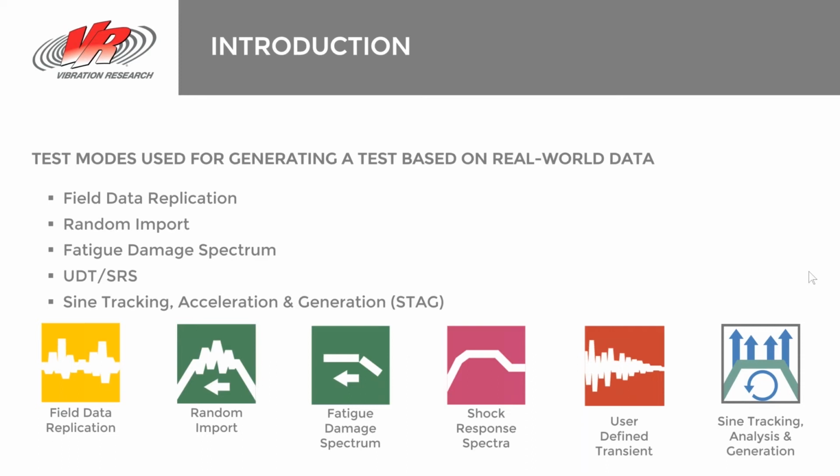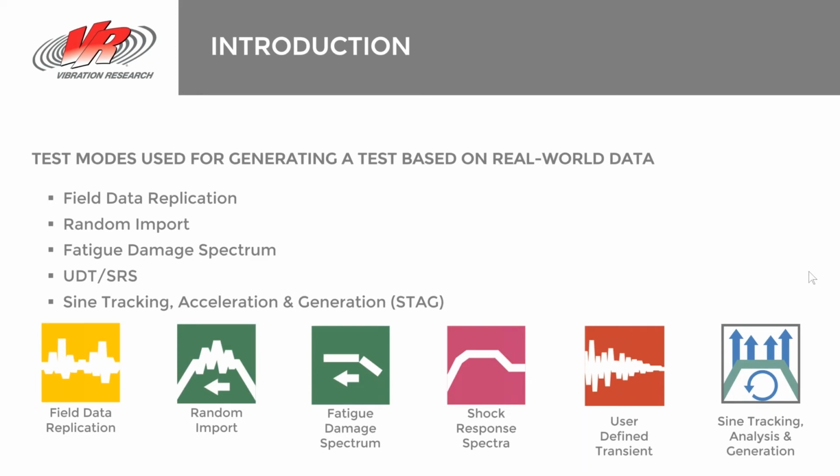And we have the ability to analyze the environment, extract the order or rotational content out of the time history waveform, generate sine tone profiles for those rotational components, and then use the remaining content after the orders are extracted to generate a random test. So we have two parts there. One will be a duplicate of the fatigue damage spectrum to generate the random portion, but then we have a new tool that allows us to extract and generate an accelerated sine test.